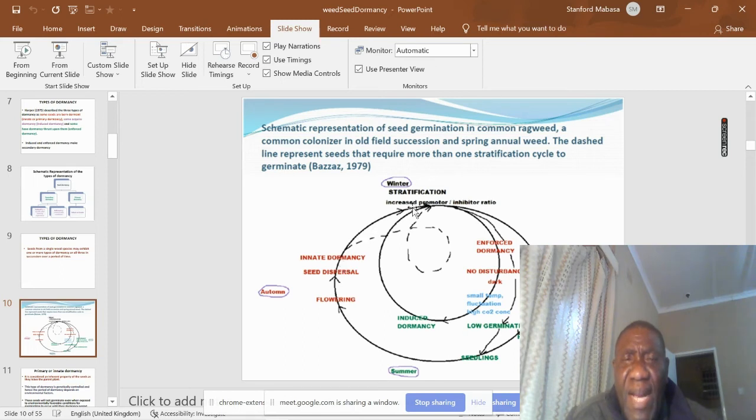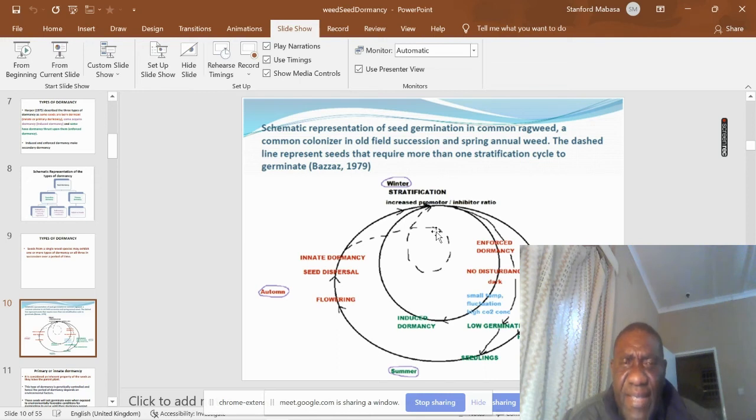Then, when we approach winter, when the temperatures are very low, in some cases the seeds are under freezing conditions. They undergo what is known as stratification. Stratification is subjecting seeds to low temperatures.